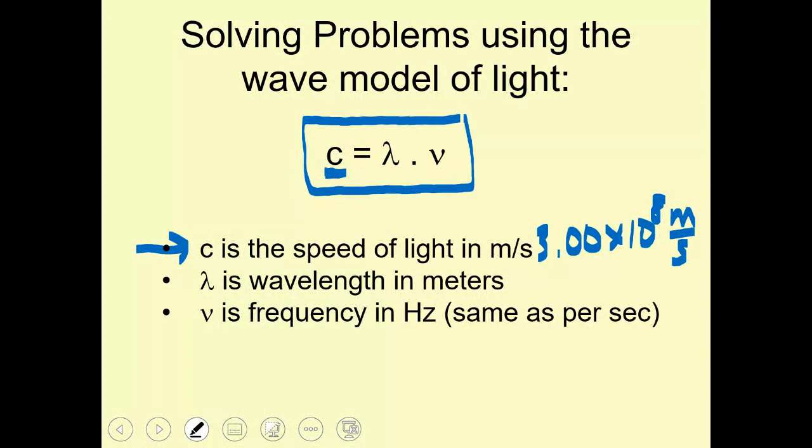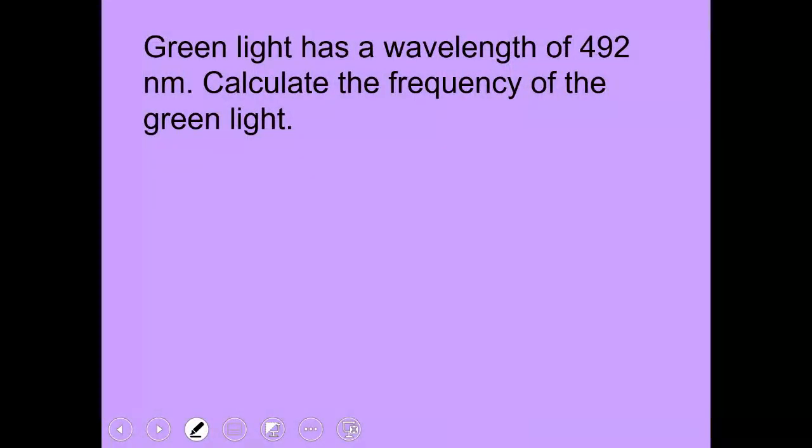We're going to always put that in our equation for C. Wavelength, we want to put in our equation in meters. So if we have it in a different unit, we're going to have to convert it into meters. Frequency, we want to put into our calculation as hertz, which is, remember, the same as per seconds. So we're going to use that equation to do some math problems, okay?